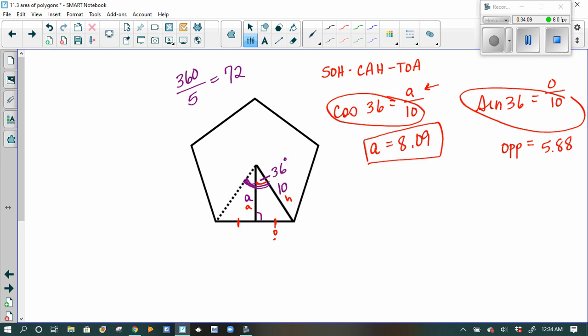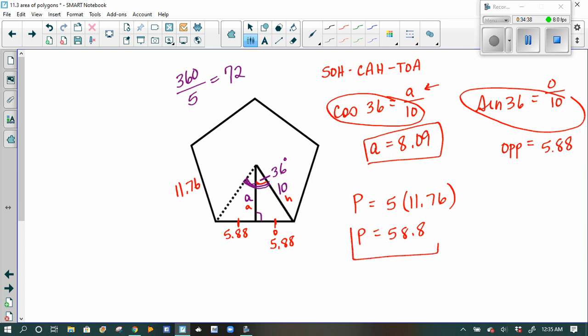So this piece is 5.88, which means this piece is 5.88. So 5.88 times 2, so that makes the sides 11.76. So the perimeter is 5 times 11.76, which is 58.8.